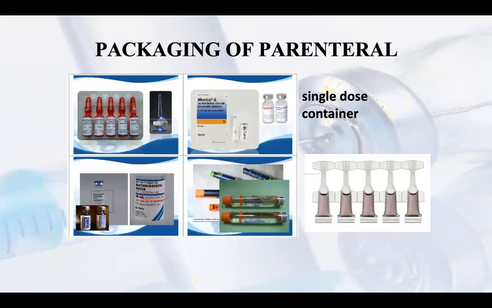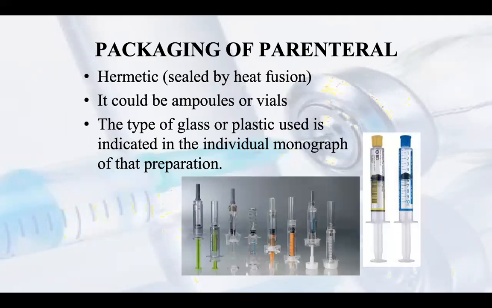Then packaging of parenterals, how single dose containers are packaged: ampoules and glass vials filled with rubber closures, simple. You can see these are all single dose containers. Once they are used, they have to be discarded.